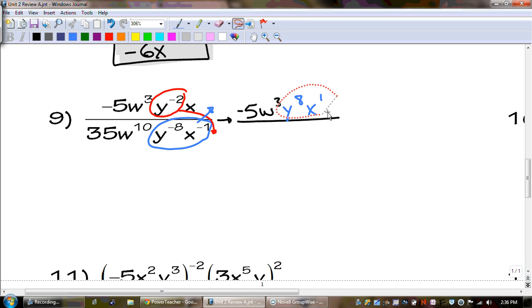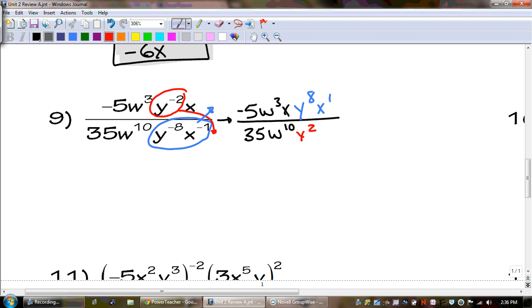I forgot to write that one down too. So let's just rewrite the order of that. So we had an x, and then we brought up y to the 8th and x to the 1st. On the bottom, we have 35, w to the 10th, and then we brought down a y squared.